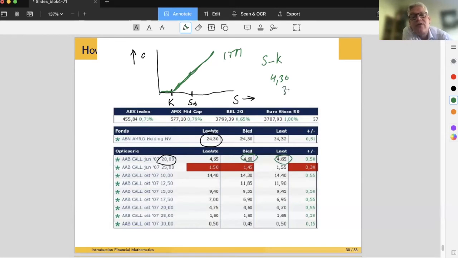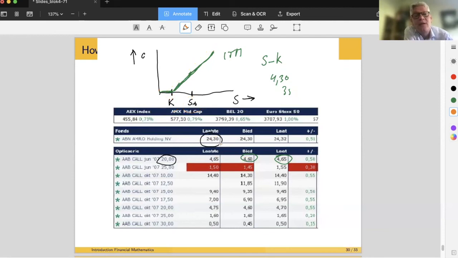So there's even 35 cents more in the money. The option value itself will look a bit like this. This can be understood by just looking at the payoff, looking where S0 is, where K is, and seeing that this is in the money. S minus K would be 4.30, and apparently there's 30 or 35 cents more in the money.